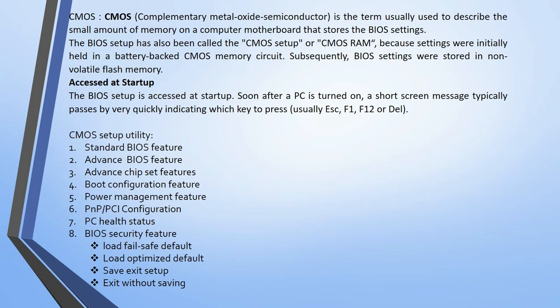Load fail-safe defaults and load optimized defaults are there, and after that you have to save and exit the setup, or if you don't want to save, the exit without saving option is there.